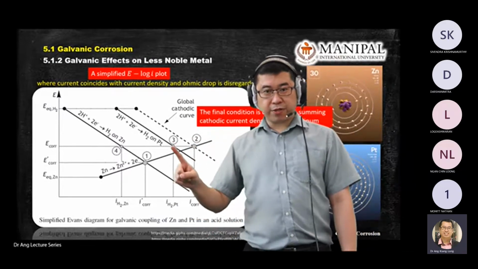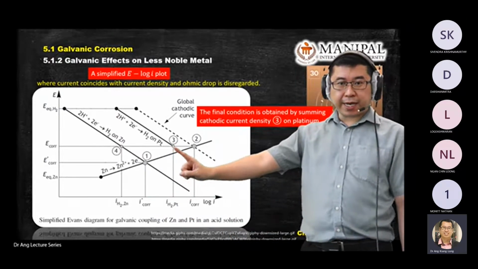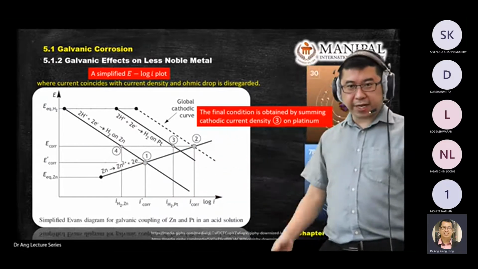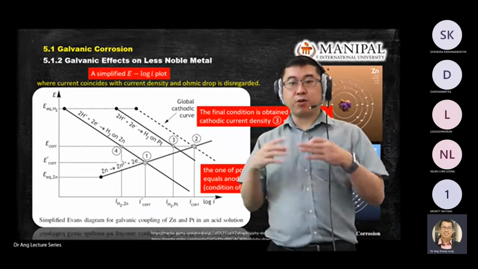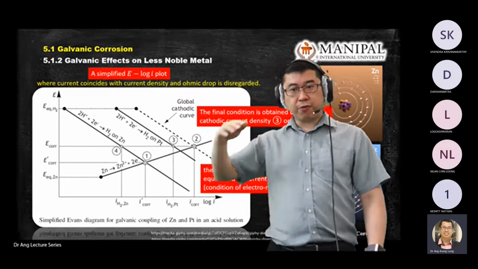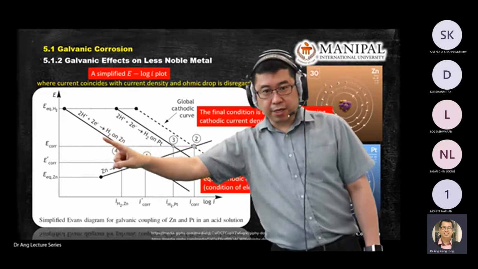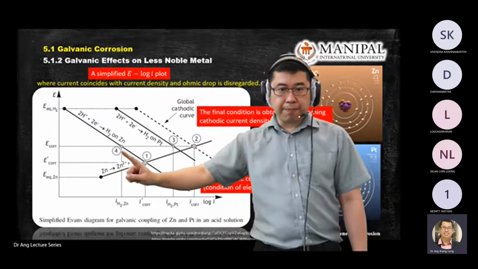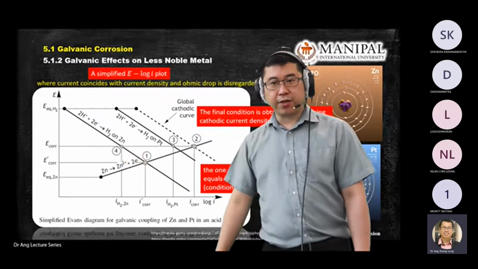Okay, so we have stopped at point number 3 here. What happened at the cathode and what happened to the anode, same idea. If you join two metals together, corrosion happens at both stations. So this point will give you what happened at the cathode station. This line will give you what happened at the zinc there.